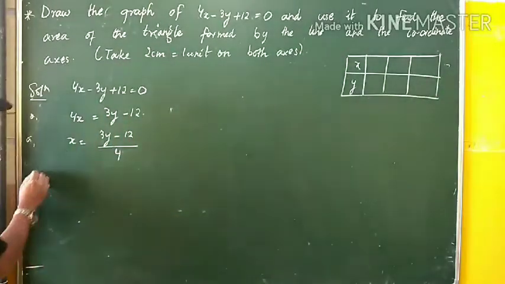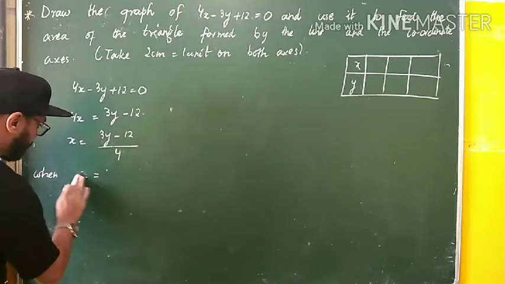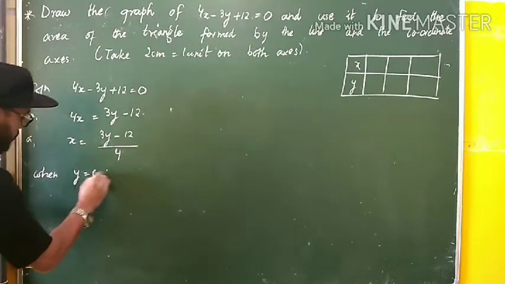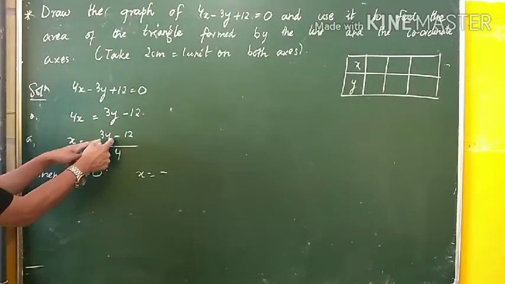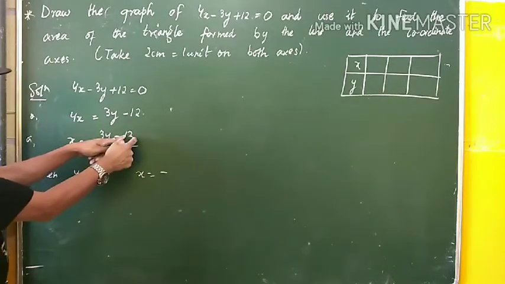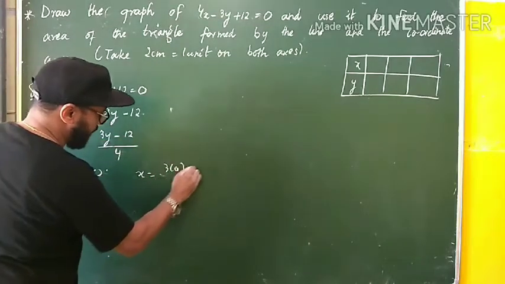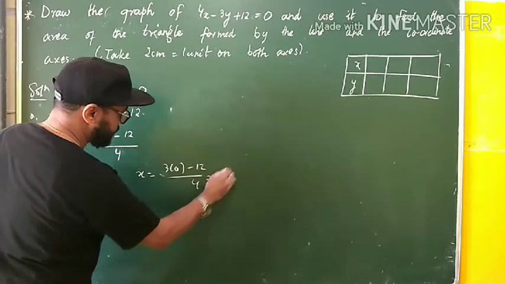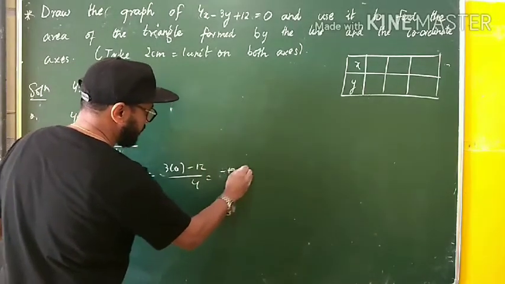So when y is equal to 0, then x is equal to, now see why I am taking 0: if we take y as 0, 3 times 0 is 0, so we'll get only minus 12, and 12 is divisible by 4. So we check: 3 times 0 minus 12 is minus 12 by 4, which will give you minus 3.